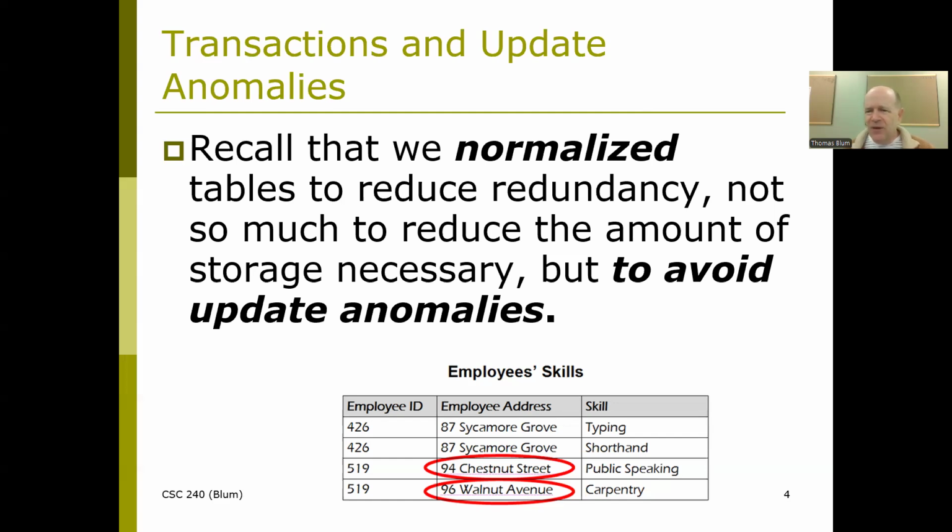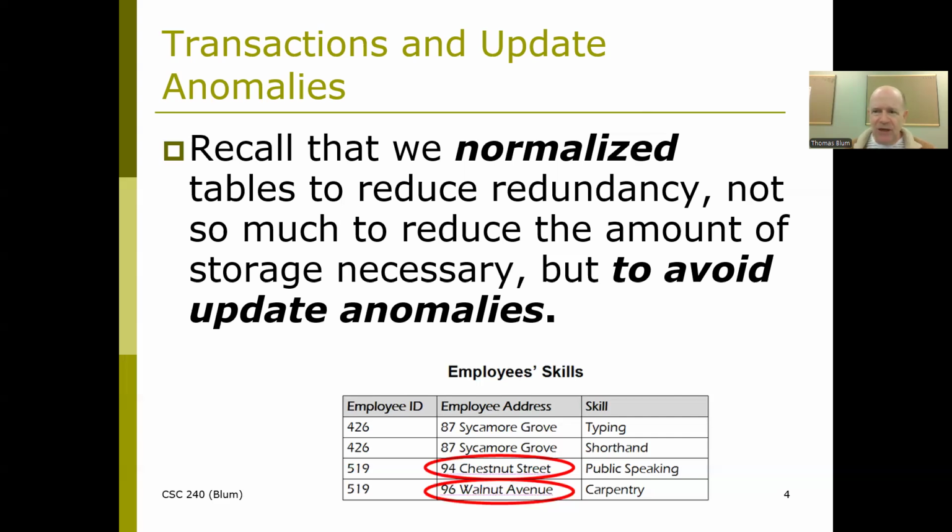Now, back in the 70s, early 80s, maybe some of that redundancy reduction was meant to save on storage, but it also, and this was more important as storage became cheaper, avoided update anomalies.